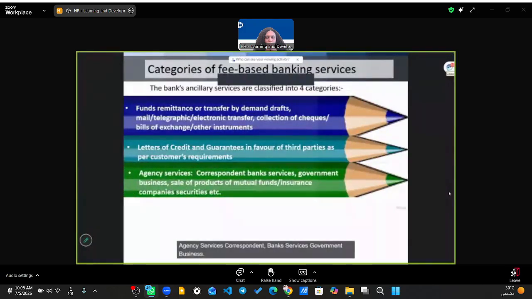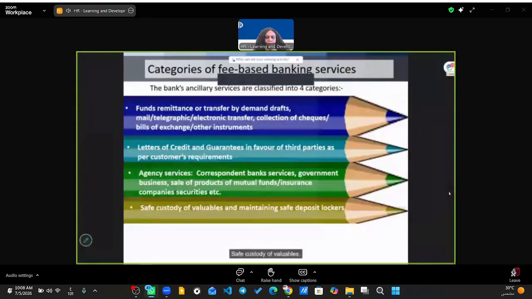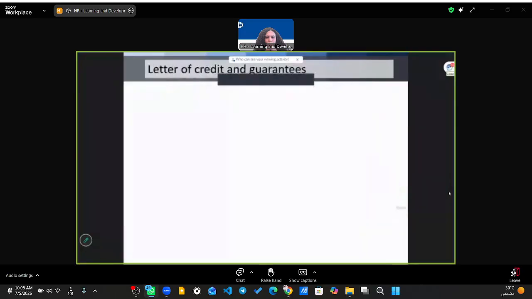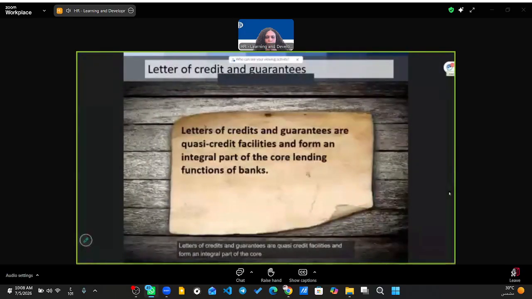Agency services, correspondent bank services, government business, sale of products of mutual funds, insurance companies, securities, etc. Safe custody of valuables and maintaining safe deposit lockers. Letters of credit and guarantees are quasi-credit facilities and form an integral part of the core lending functions of banks.